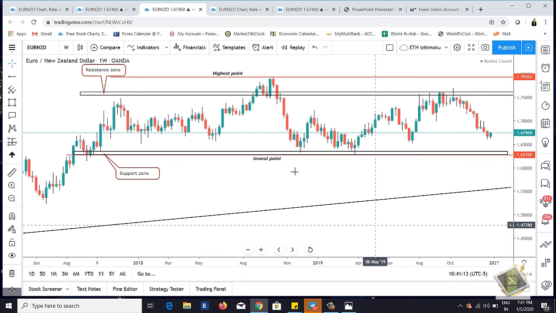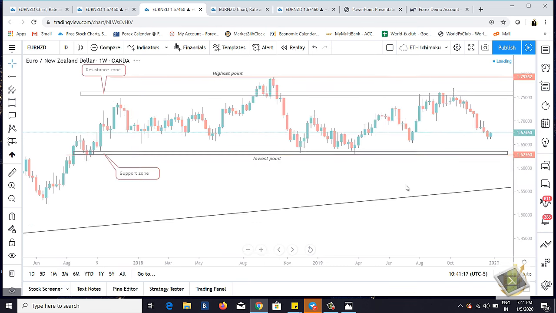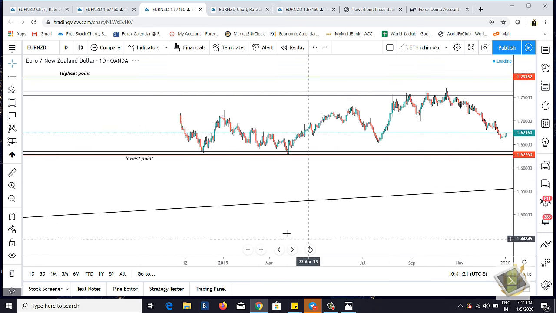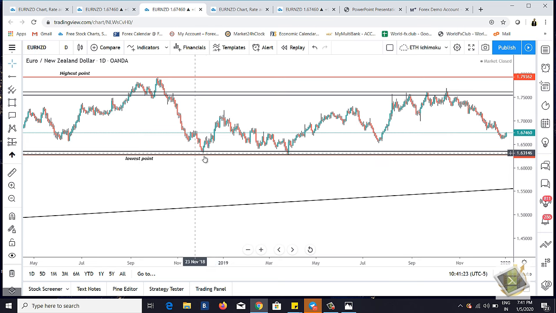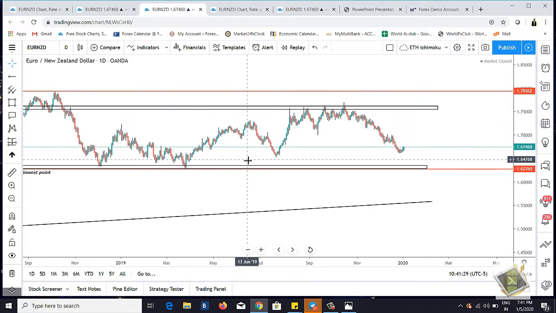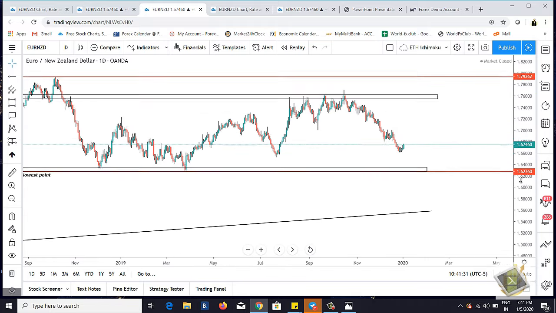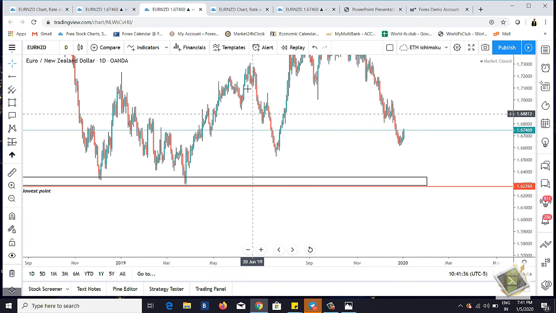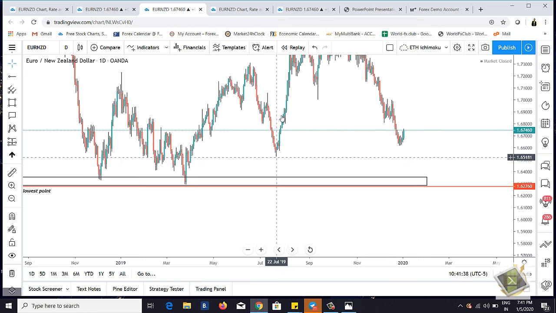So now we will open a daily chart and see what is happening. We know that this area looks like an important support area, right? We have mentioned that. Now if you look at the daily chart, this area is also a good support area, because once price touched this level, it went down.